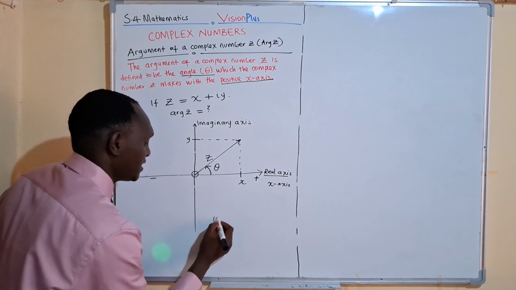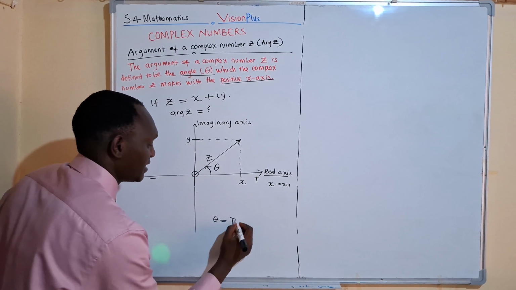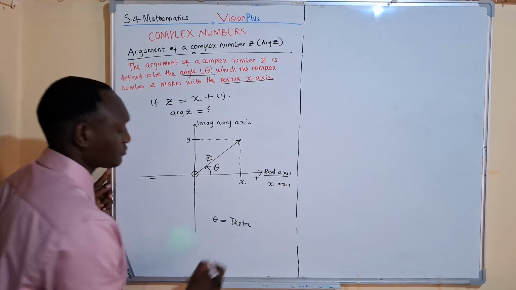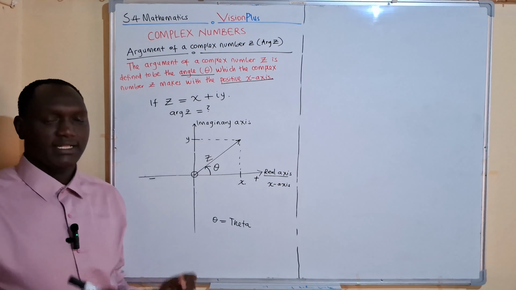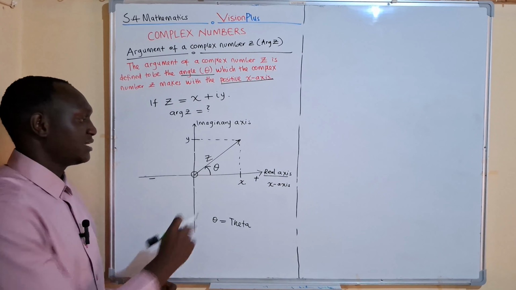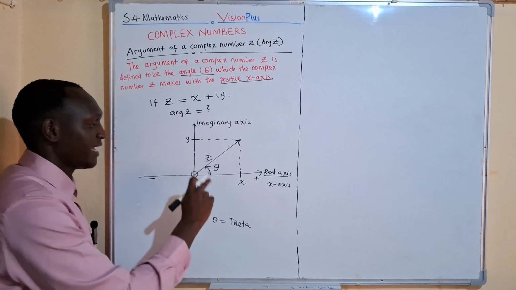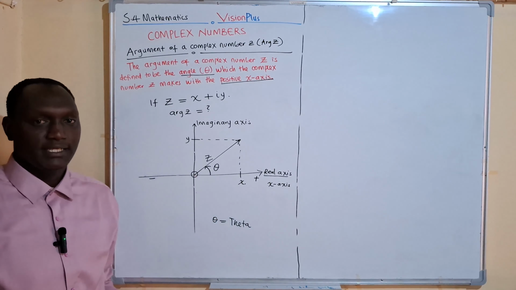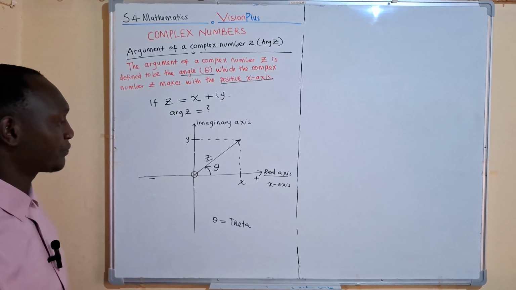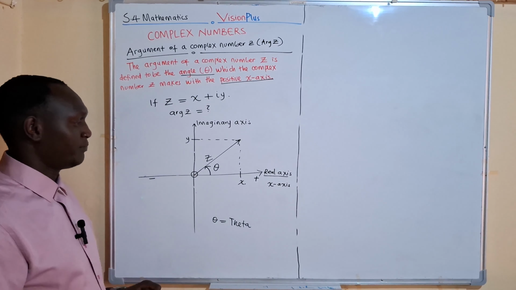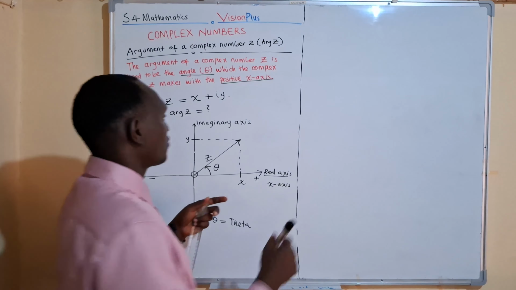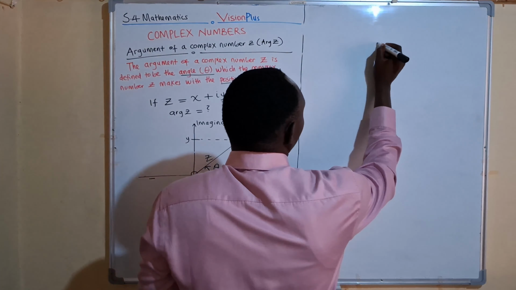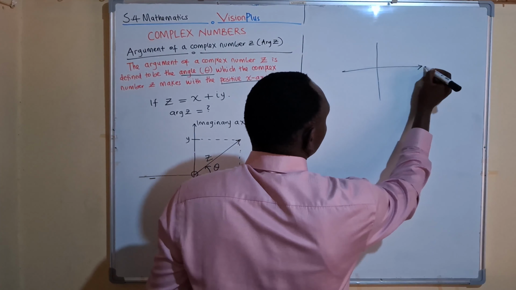That symbol is called theta. So this angle that the complex number makes strictly with the positive x-axis is what we are calling the argument.